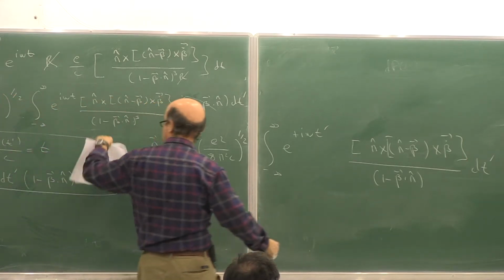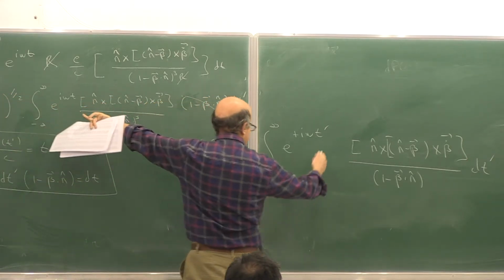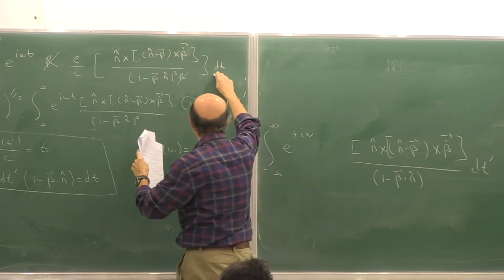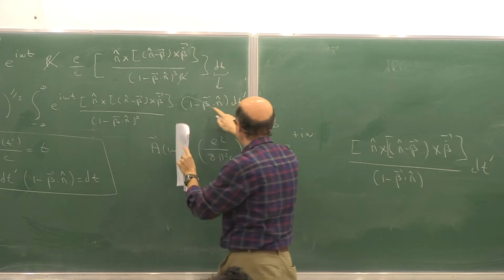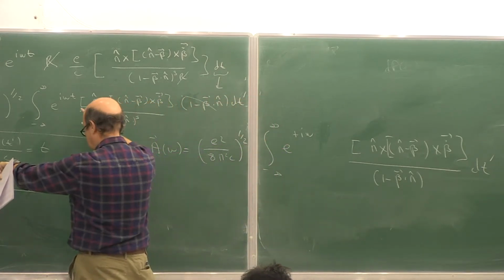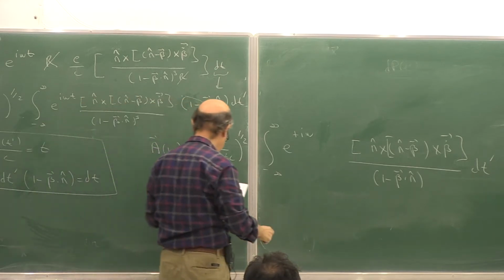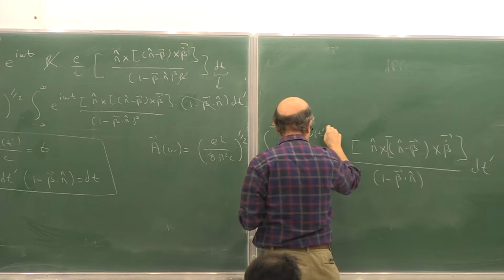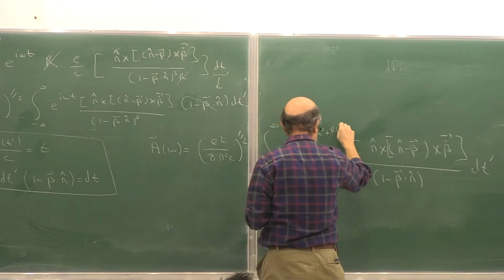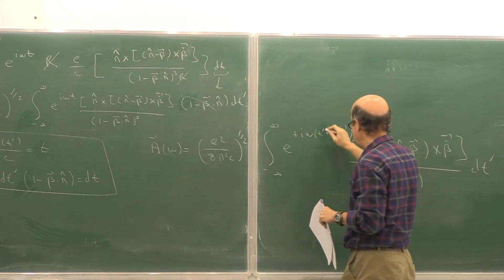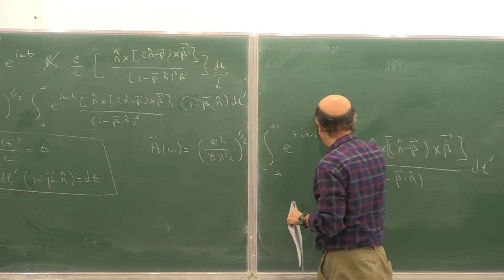So sorry, this is omega t. Now instead of dt, I write 1 minus beta dot n dt prime in here, and instead of t, I should write t prime plus r of t prime over c. So this term is nothing but t.